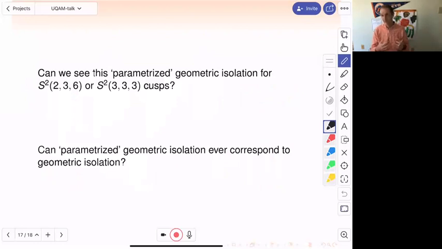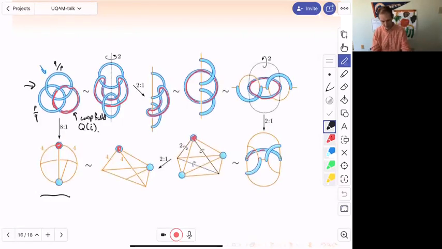And then the other thing is, can we ever see parameterized isolation, where we have these cusps, like two cusps covering one cusp with a filling, where it's actually part of a more general phenomenon where we would see just general isolation? So it wouldn't matter which two cusps we could fill in the previous example.